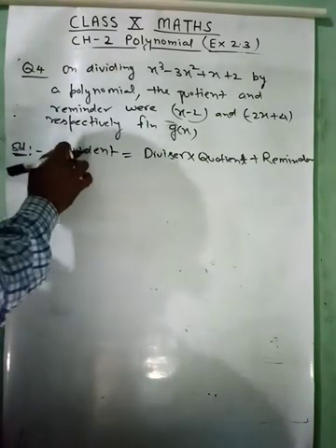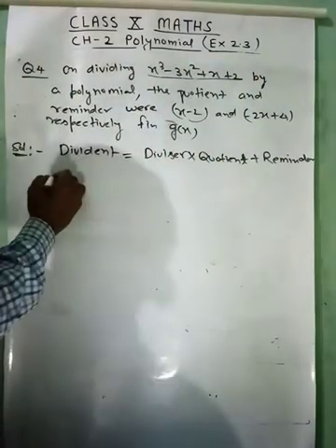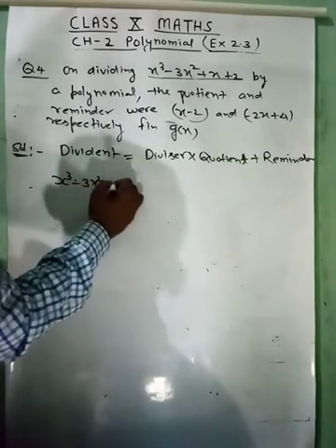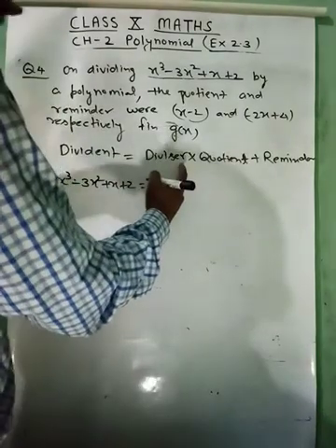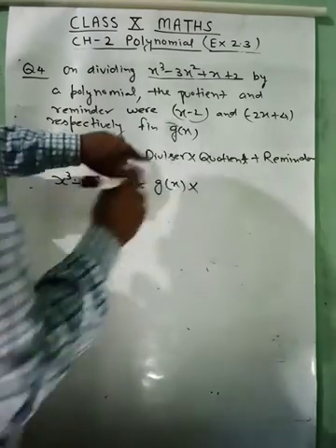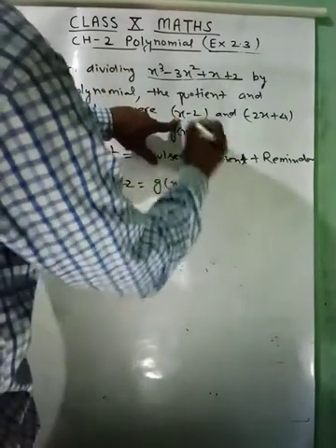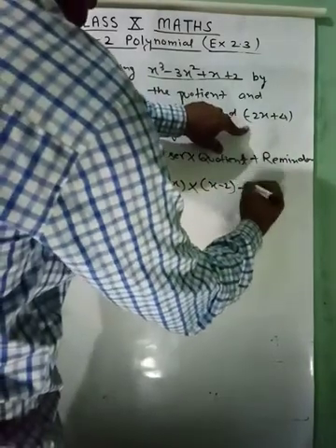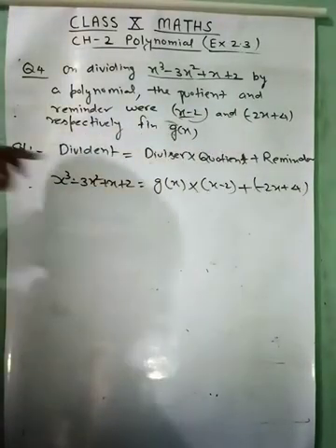At the place of dividend we write x cube minus 3x square plus x plus 2 is equal to divisor g(x) times the quotient x minus 2, plus the remainder minus 2x plus 4. You have to find the value of g(x).